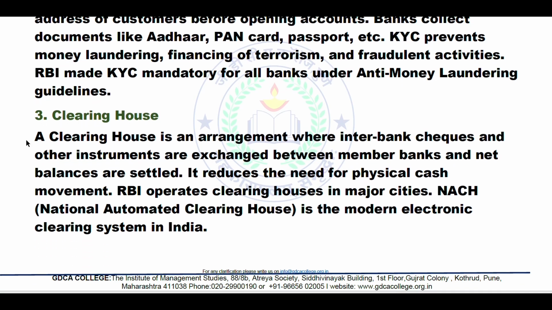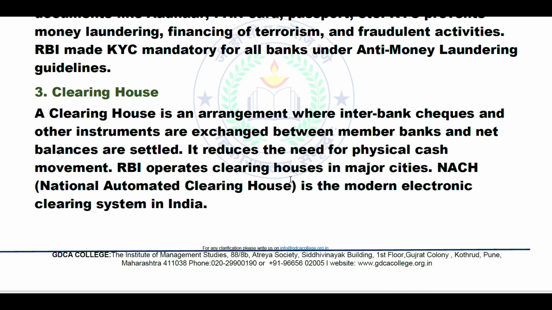Number 3, clearinghouse. A clearinghouse is an arrangement where interbank cheques and other instruments are exchanged between member banks and net balances are settled. It reduces the need for physical cash movement. RBI operates a clearinghouse in major cities. NACH, that is National Automated Clearing House, is the modern electronic clearing system in India.